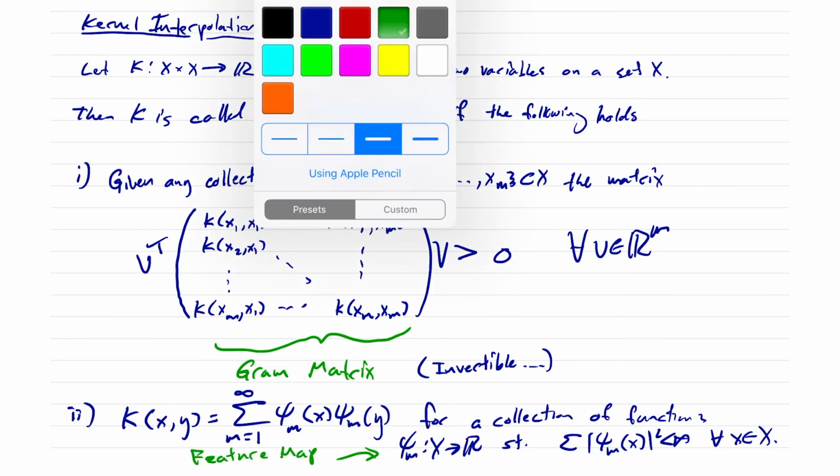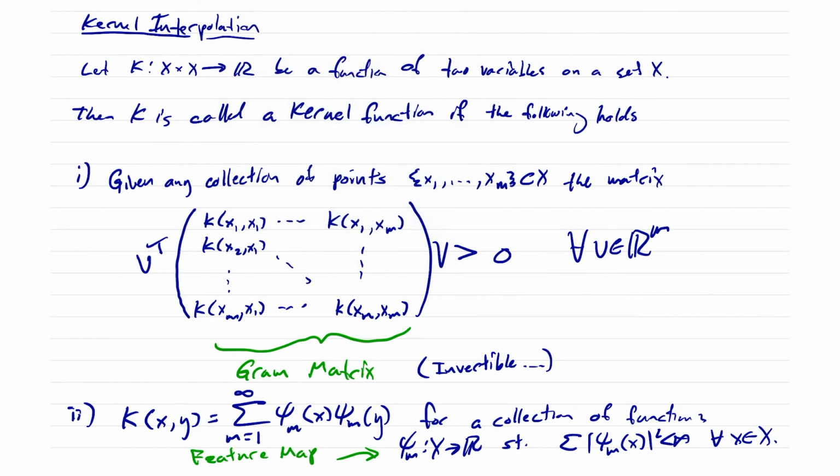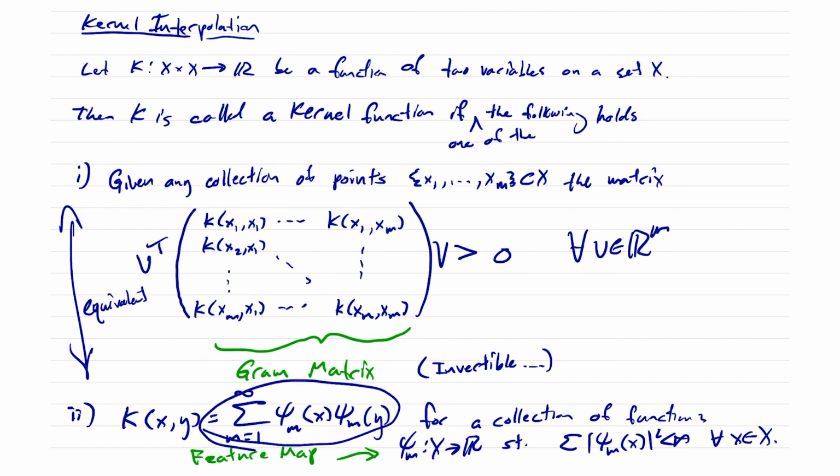I should also say, if one of the following holds, it turns out that these two are actually equivalent. One big reason for that is that this is sort of an inner product, and a Gram matrix is basically constructed out of an inner product of different collections of basis functions.